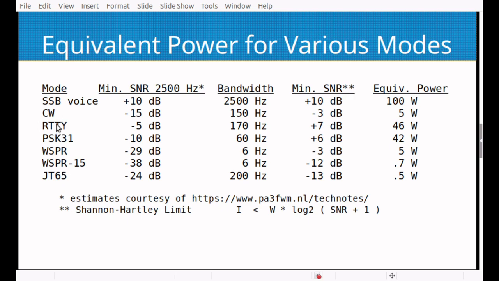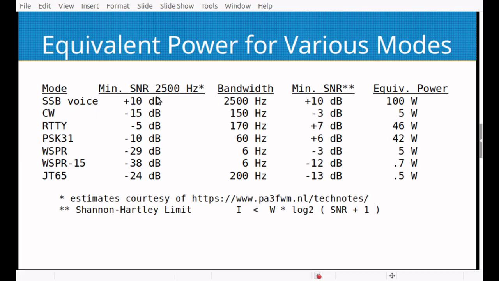Now, the non-digital modes, which are the first two, PA3FWM estimates, and it's his estimate, and he goes through an explanation of how he got there, that you need these minimum signal-to-noise ratios in a 25 hertz band.